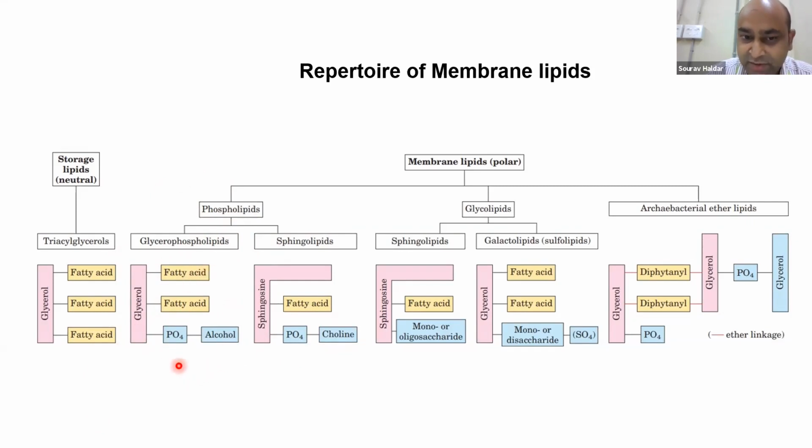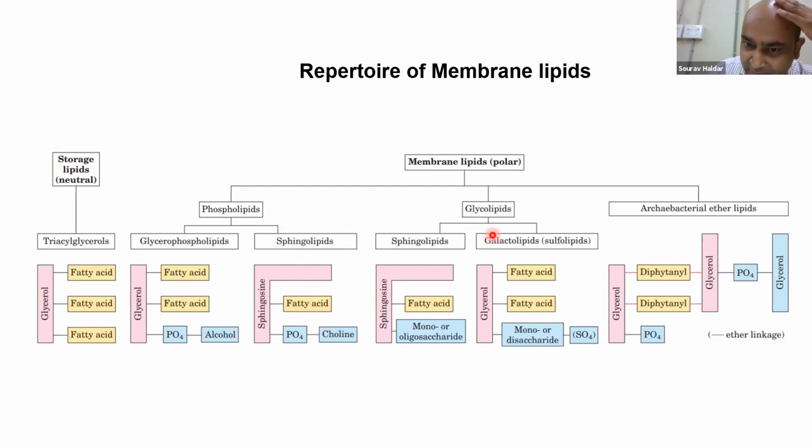Then the second kind of lipid is known as sphingolipid, and the major difference between the glycerophospholipid and sphingolipid is in the backbone. Unlike a glycerophospholipid, the sphingolipid has a backbone which is known as sphingosine, and the sphingosine molecule already has a long fatty acid chain associated with it, so it has got another fatty acid chain, and then a phosphate group, and of course a choline or serine, and depending on that there will be different kinds of sphingolipids.